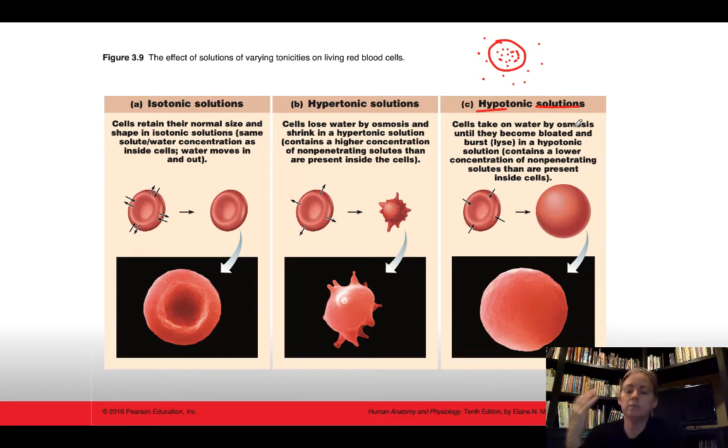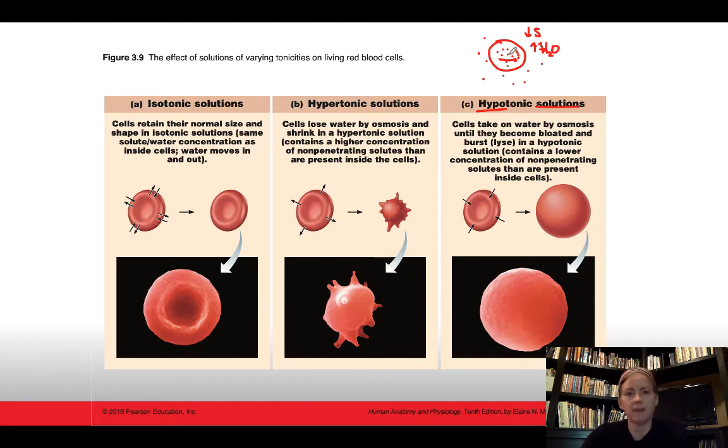So plasma membranes are semi-permeable, and those solutes can't travel through the plasma membrane, but water can. And so that's what we're affecting. We're affecting the water content inside the cell. So water is going to flow from its area of higher concentration to its area of lower concentration. So at this point outside the cell, we have decreased solutes and we have increased water content as compared to inside the cell.